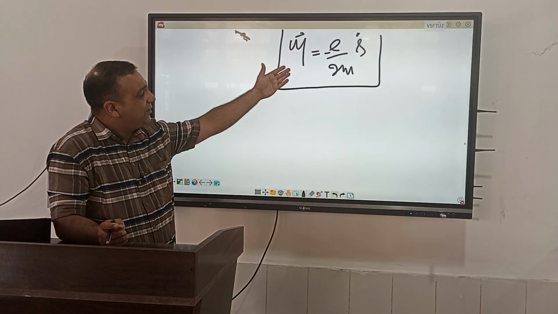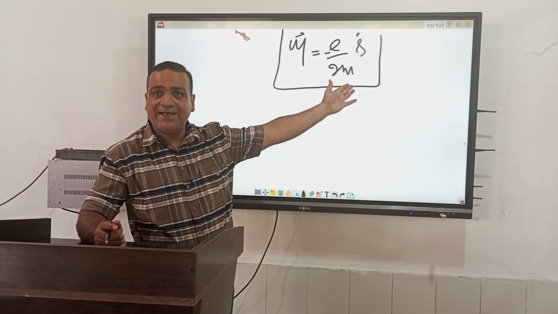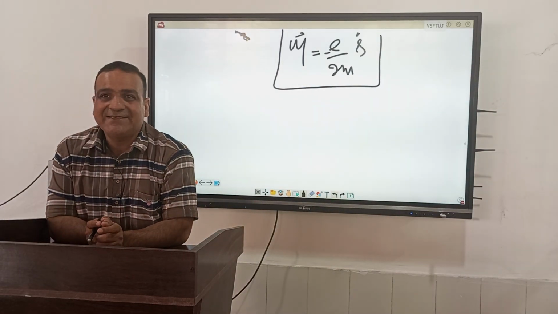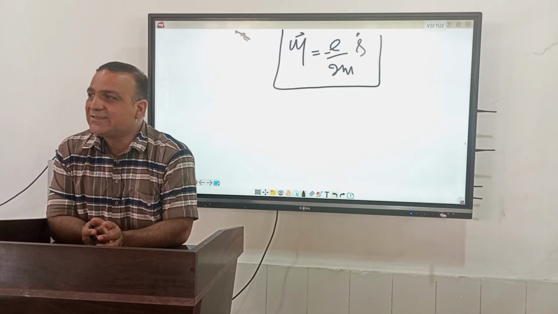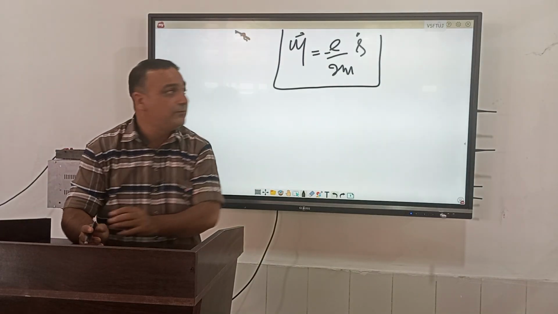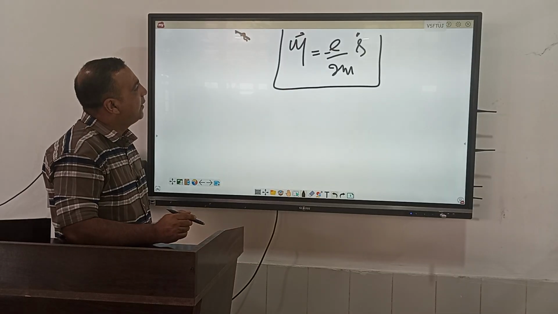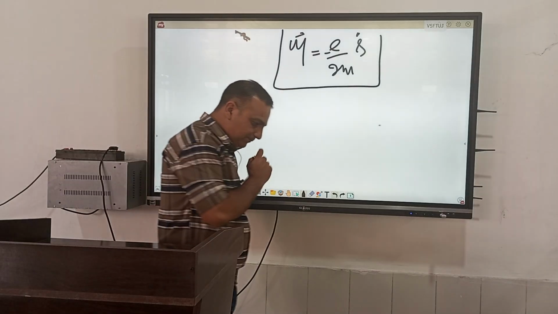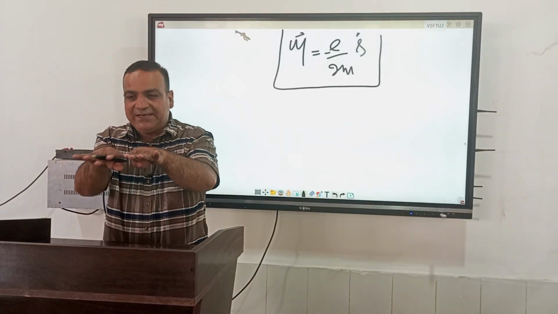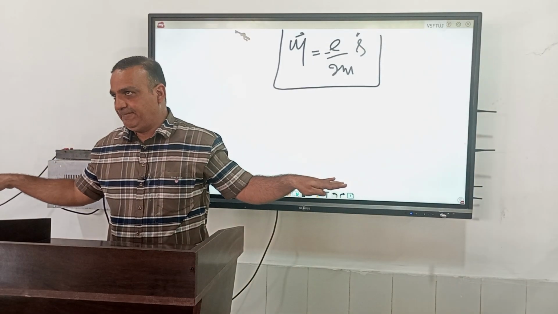e is the charge of the electron, and m is its mass, and S is the spin angular momentum of the electron. Now, I assume that my magnetic field is in a plane.